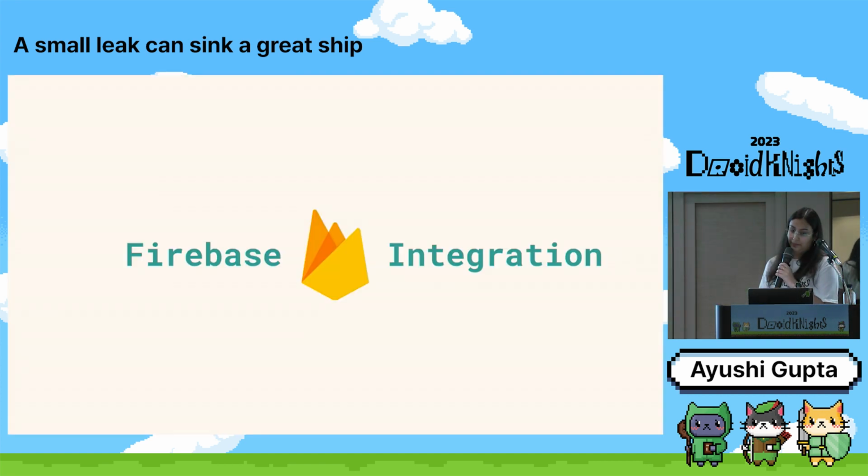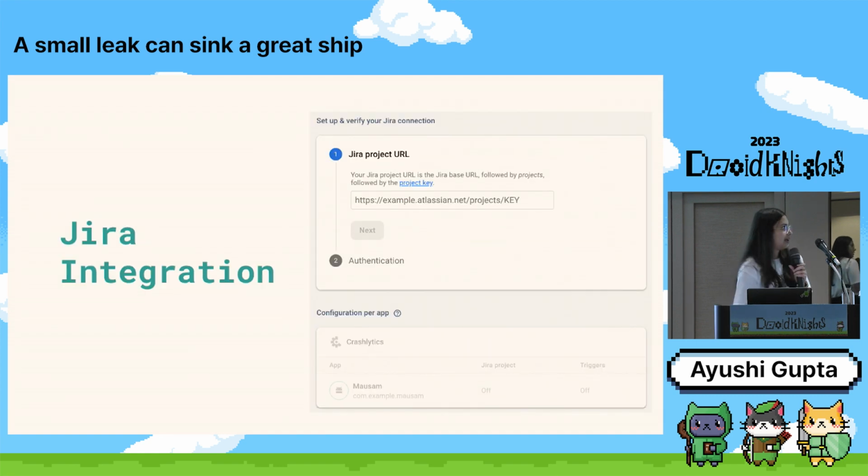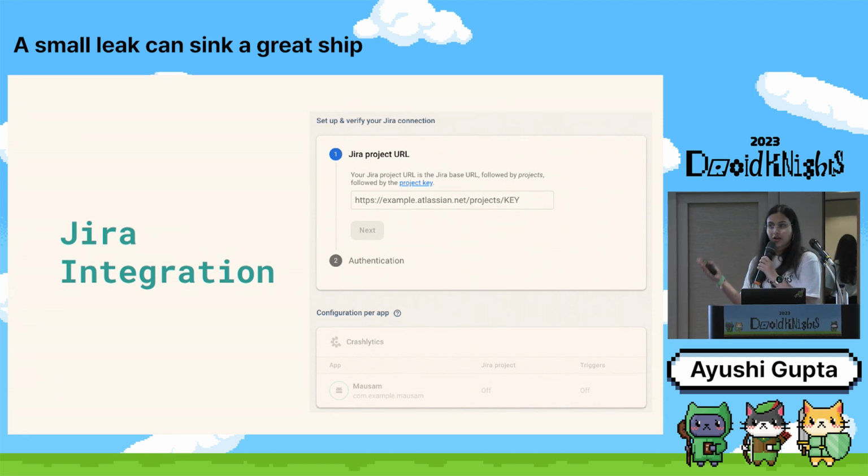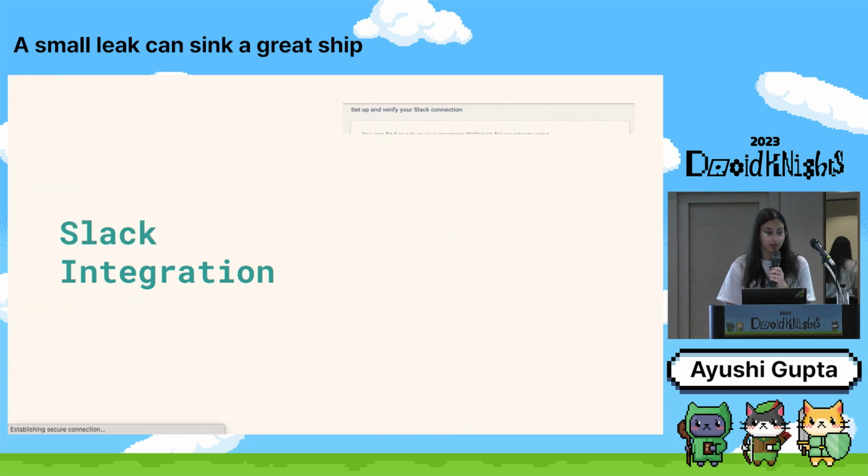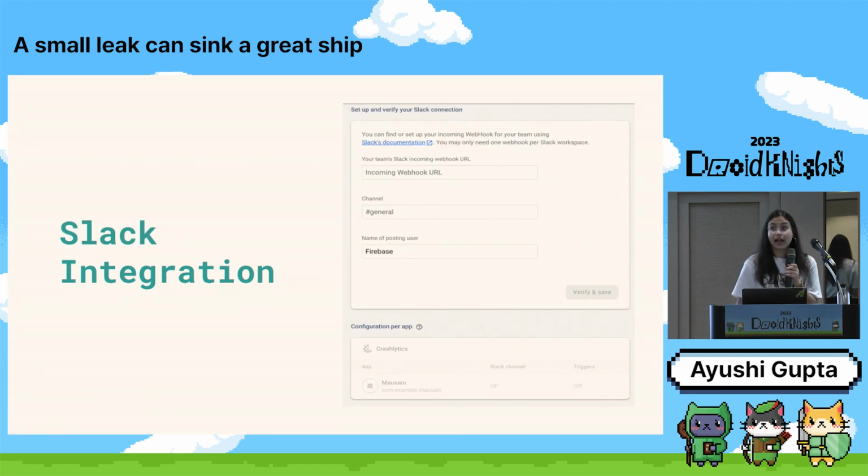And one more thing. When we are talking about Firebase, we have a tool ready with all sets of information. Let's have a few more integrations with Firebase Crashlytics. Let's have Jira ticketing done whenever you have crashes crossing a particular threshold. You can go ahead and create Jira tickets automatically. Then comes Slack integration.